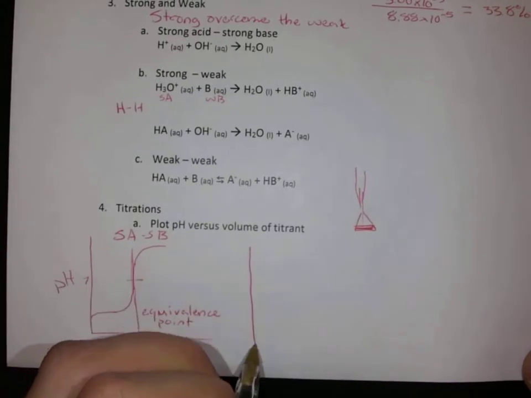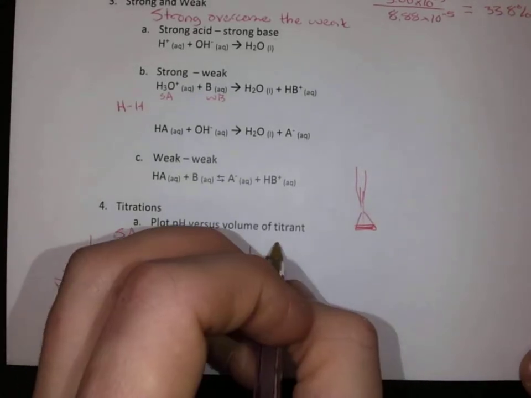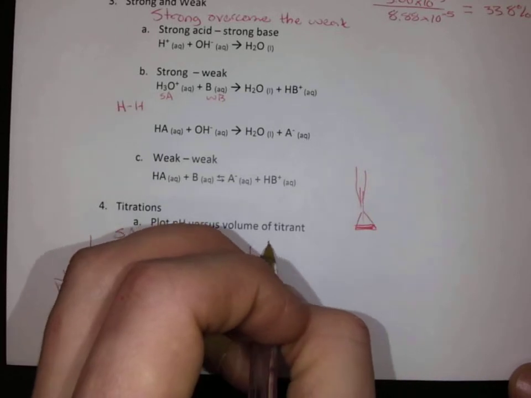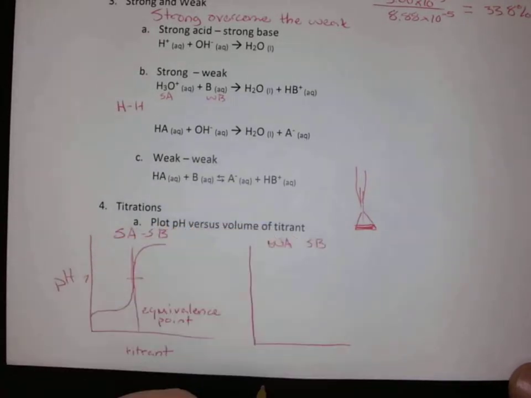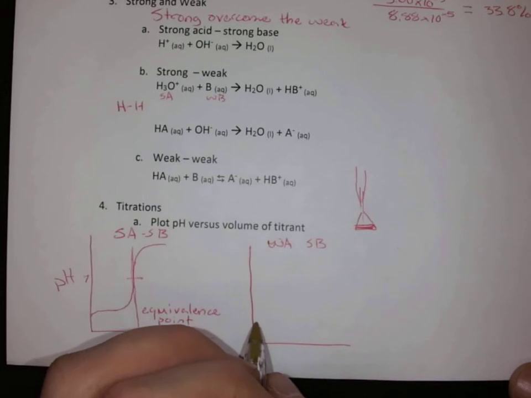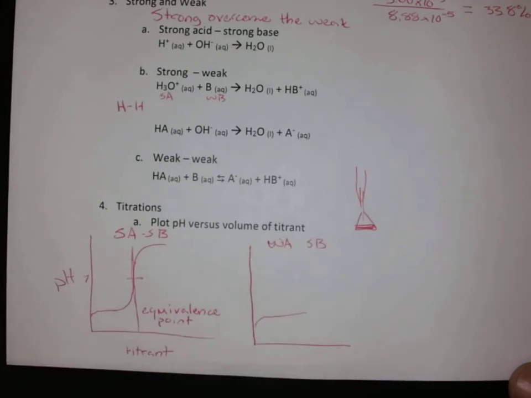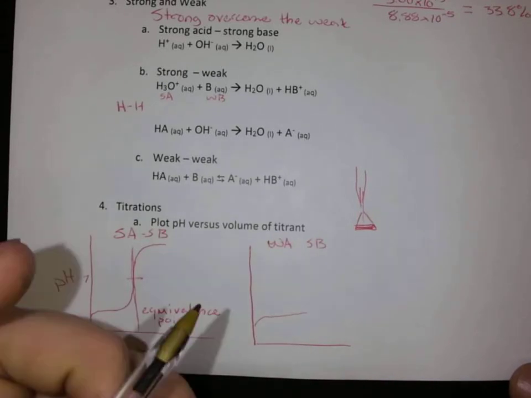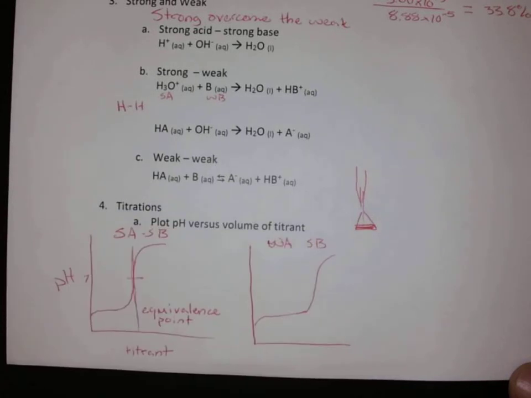But if we have a weak acid being titrated with a strong base, we're going to see that we've got this long spot here where our pH doesn't change very much, even though we're adding lots of base. And then we'll get past that point, we'll again jump up, okay?